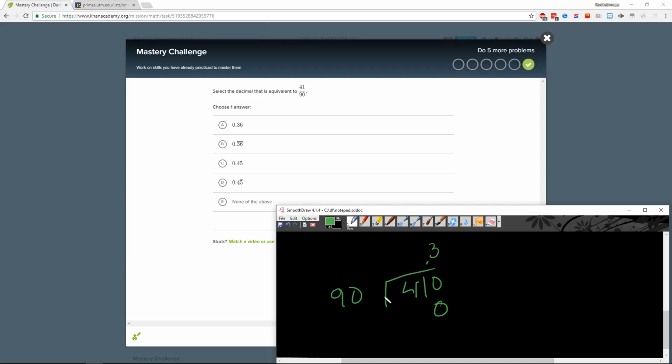So 3 times 9 is 27. So subtract those, and that's 3, that's 1, that's 4, that's 1. And the next one should be a 6 because of the multiple choice. So that's a 0.